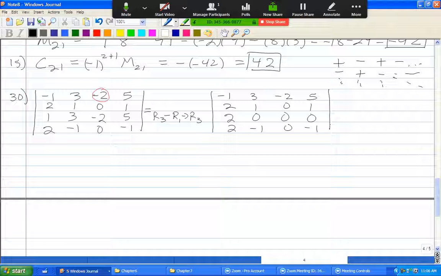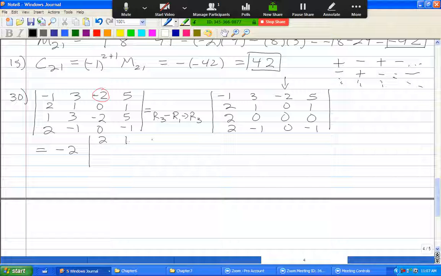Okay, so now let's do a cofactor expansion along this column. Or I could do it along this row here, this third row, because all these have a whole bunch of zeros. I'll do it along the column, I guess. So it's going to equal plus minus plus -2 times. Get rid of this row in this column.